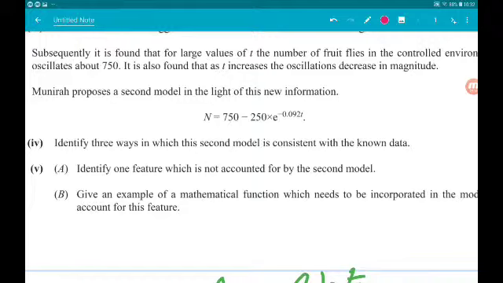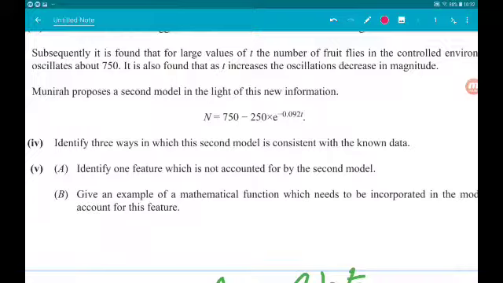So that means the population goes above 750, drops below, above, etc. It's also found that as t increases, these oscillations decrease. So that means when it's been above 750 and then goes below, when it goes back up, it's not as far above 750 as it was.